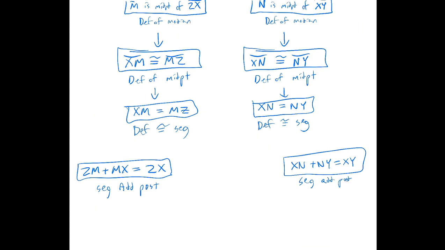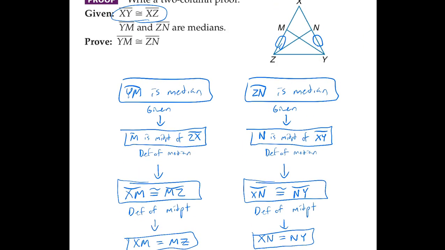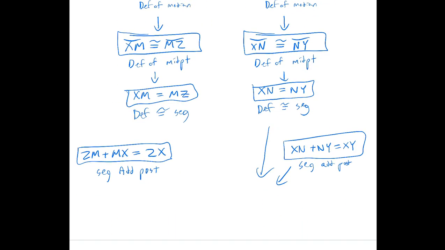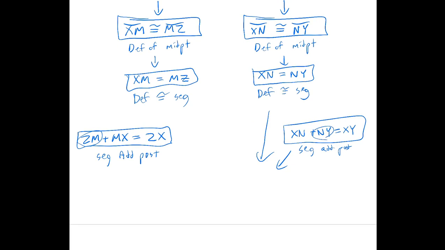Okay, well then we can combine these, and actually, which segment do we want to keep? We want to keep NY and MZ. So what we have is NY, and we sub this in, so we have NY plus NY. So we have two of these is equal to XY. Okay, that was substitution. And over here, we have the same thing.